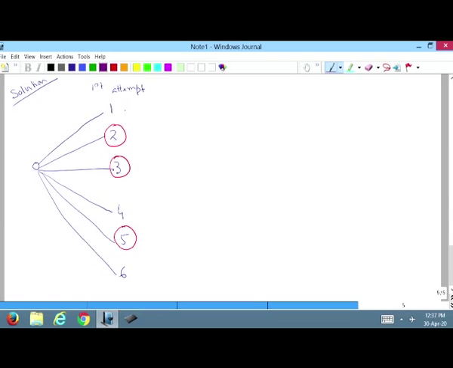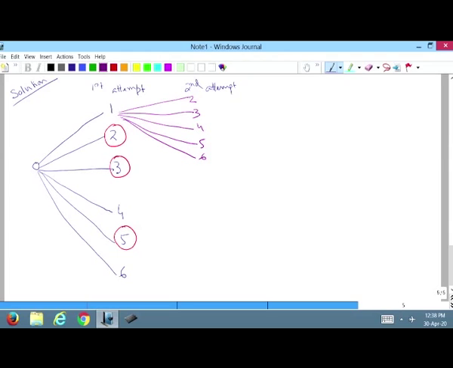So, if we have got 1, in the second attempt what can we get? We can get any of the remaining 5, and therefore, we can draw the graph like this. It can be a 2, 3, 4, 5, 6.